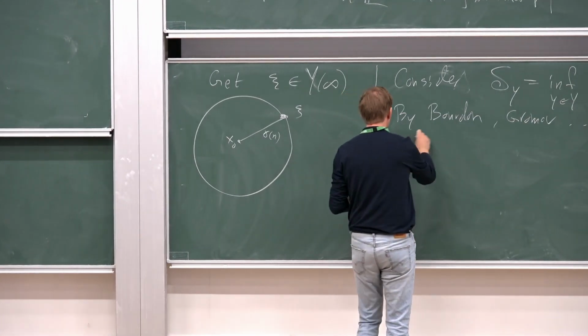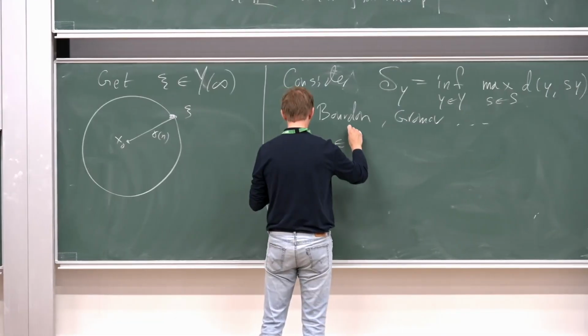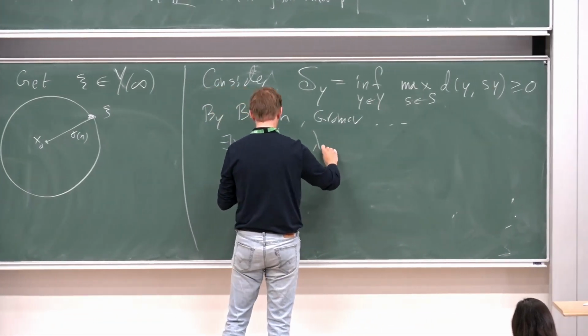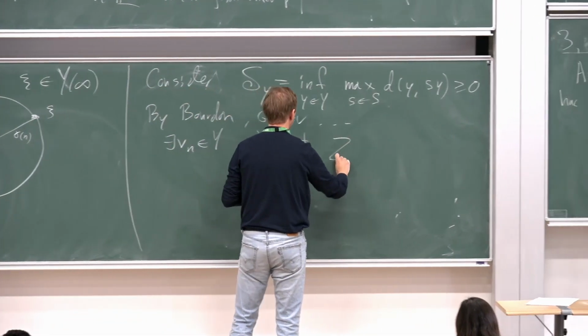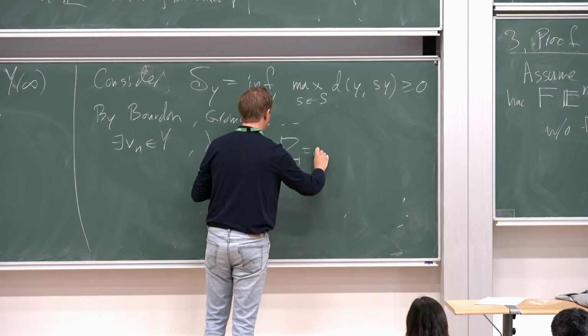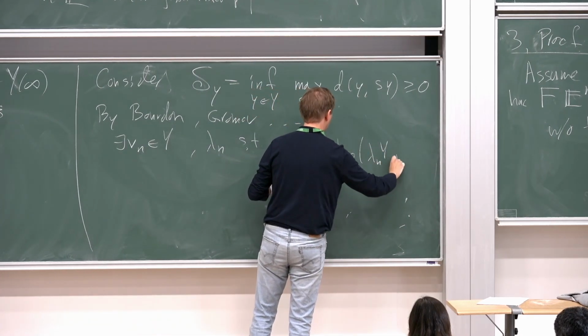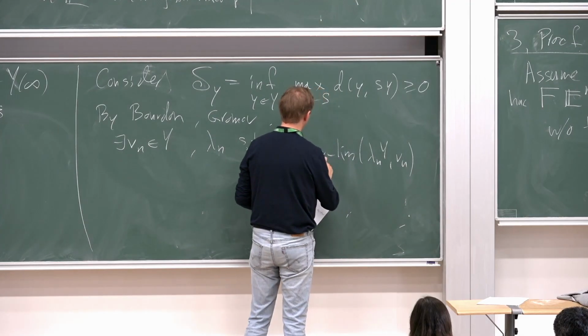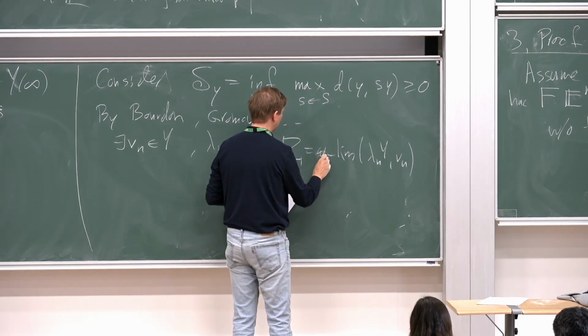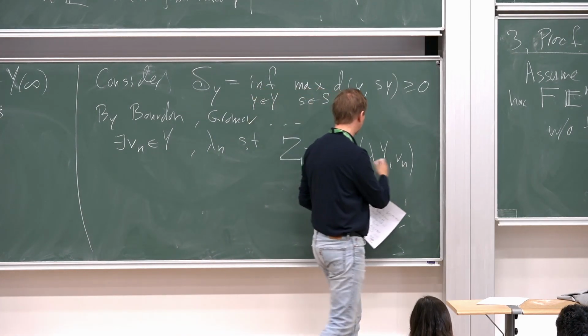The following: there exists some sequence of points y_n and numbers, so that you can consider an ultralimit. So you take a non-principal ultrafilter on the natural numbers, and you can take this limit.